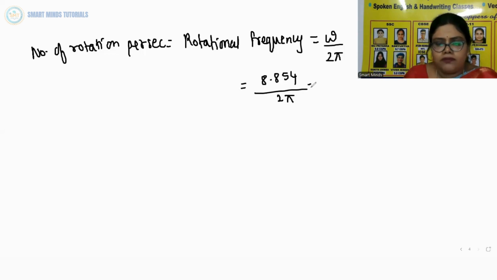If you solve this, that is 1.409 rotations per second, RPS. And if you convert the seconds into minutes, you will get 84.54 rotations per minute.